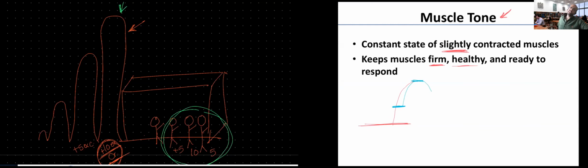So when you are fully relaxing in a camp, for example, if you're camping, you still have some degree of contraction in your muscles. We call this slight degree of contraction the muscle tone. Why do we need this?